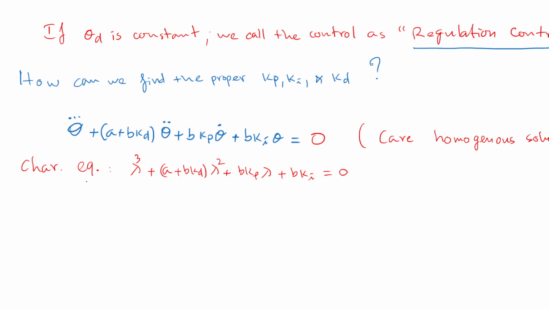From this property, you choose lambda 1 to be, for example, minus 40, because if it is negative and the magnitude is high, then the exponential term will die out very fast.